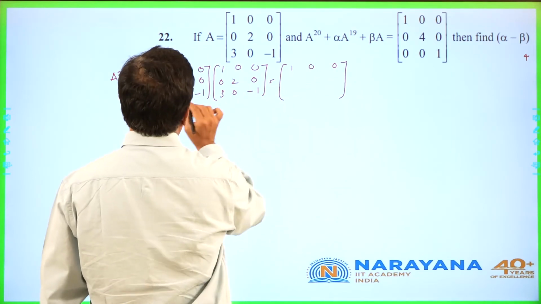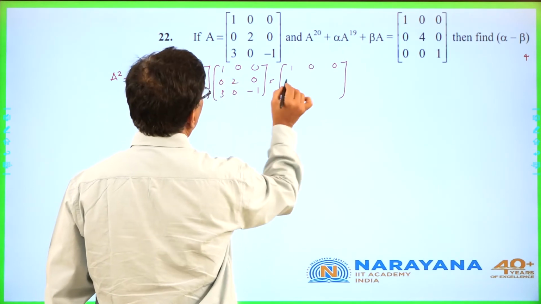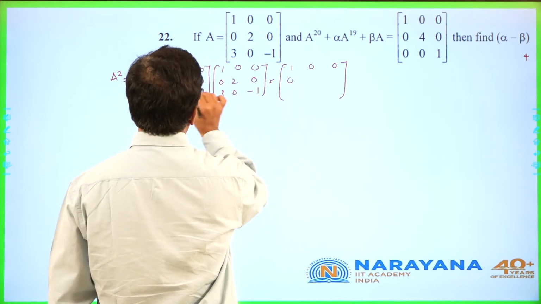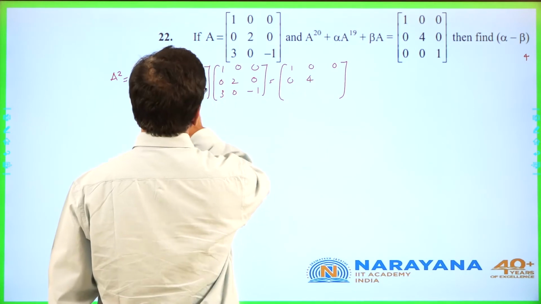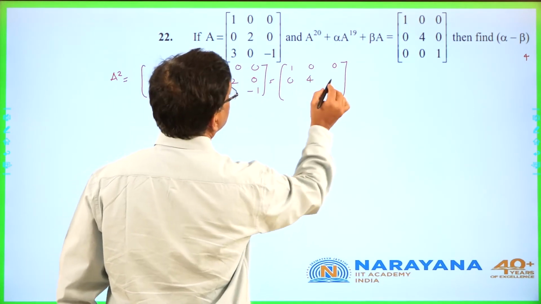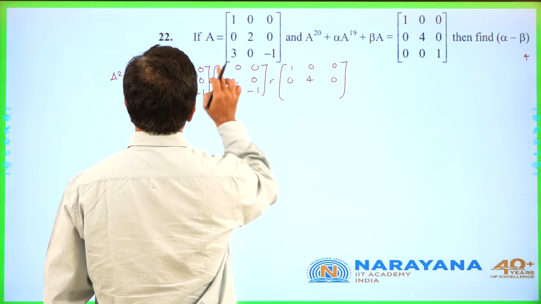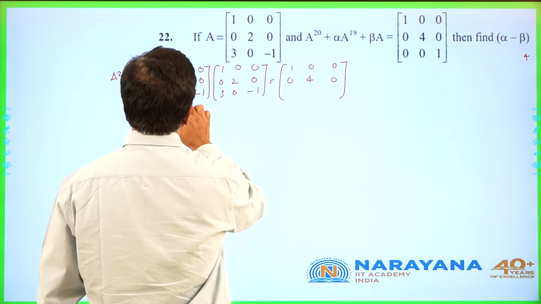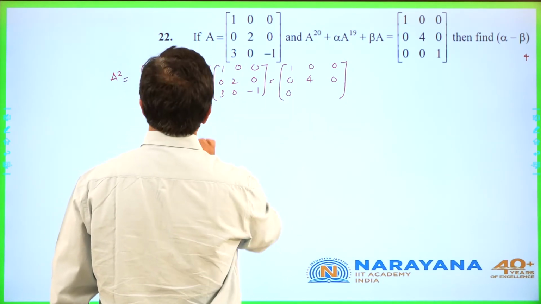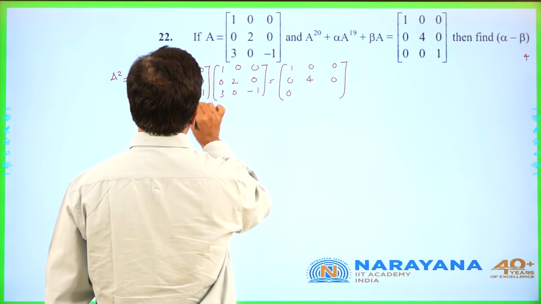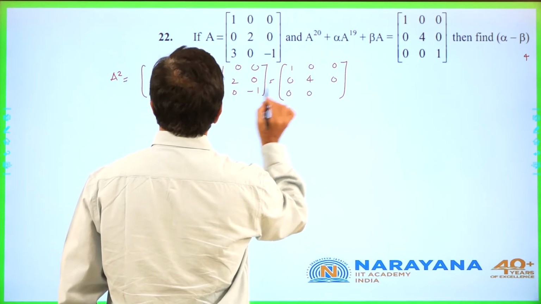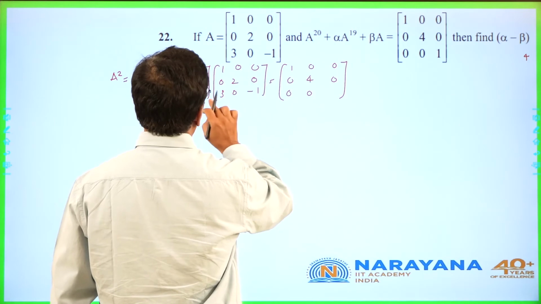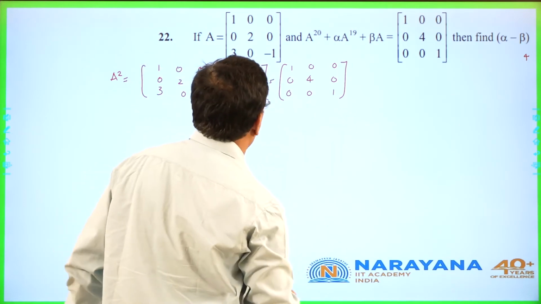Next second row 0, 4, 0. Next 0, 0, 0. Next 3 into 1, 3 plus 0 minus 3. Next 3 into 0, 0, 0. Next 3, 0, 1. This is a square.